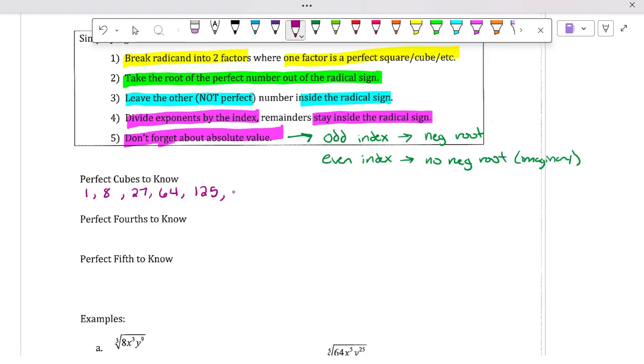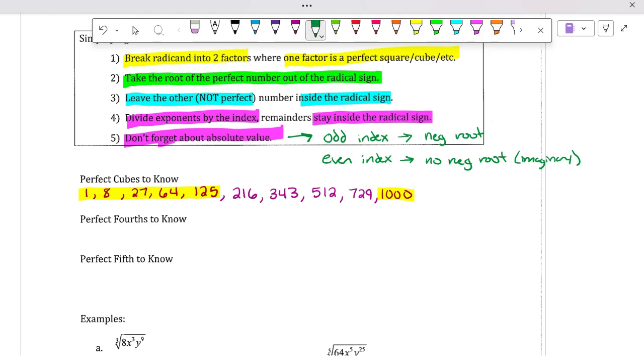And if you want to go up further, 6 cubed is 216, 7 cubed is 343, 8 cubed is 512, 9 cubed is 729, and then 10 cubed is 1,000. But in reality, you really just need to know these. If you know the other ones in the middle, that's great.